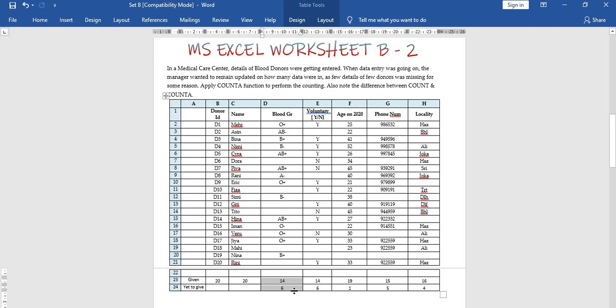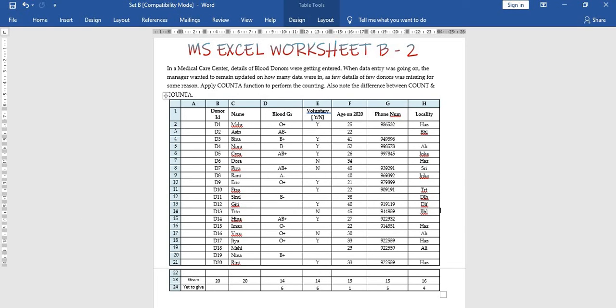And finally, the target is that none of the values under yet to give should stay on. They all should become 0, right? So the work is to count how many are here and how many are blank. Blank is not supposed to be there. So we need to count how many blanks are here. Okay, so this is the second work.